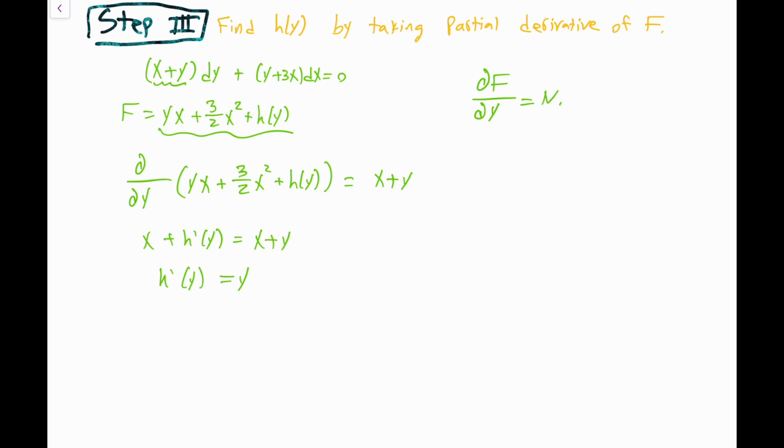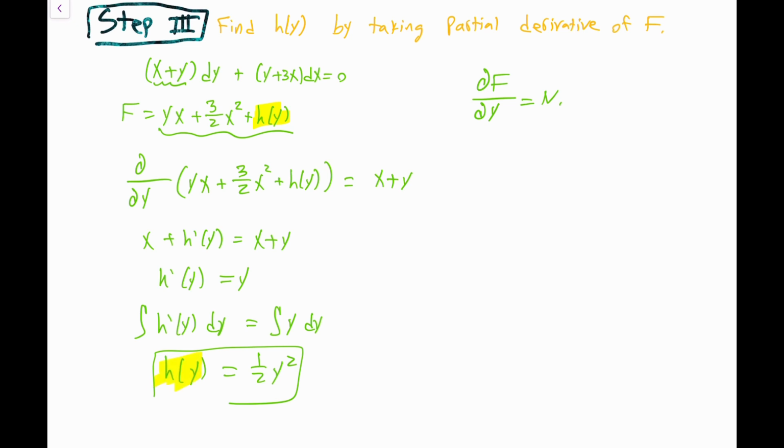Let's solve for h. So we can anti-differentiate h prime of y dy, the antiderivative of y dy. So h of y is equal to 1/2 y squared. So now we have our h of y, if you will.